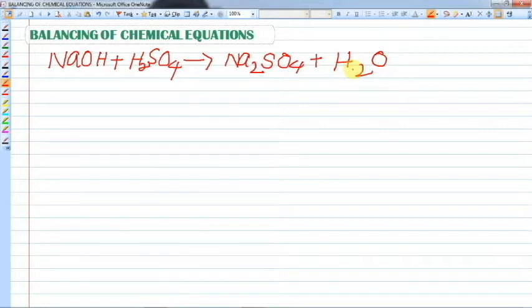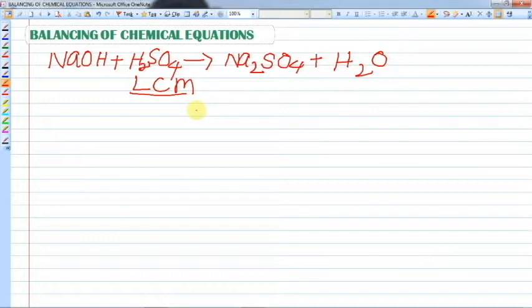What's the balancing? Balancing is done according to the law of conservation of mass. What's the law of conservation of mass? Mass can neither be created nor destroyed, but it can change from one form to another.